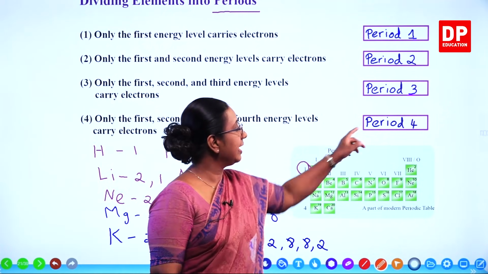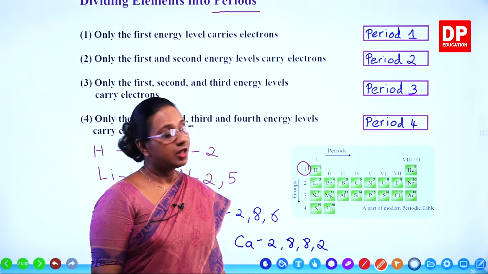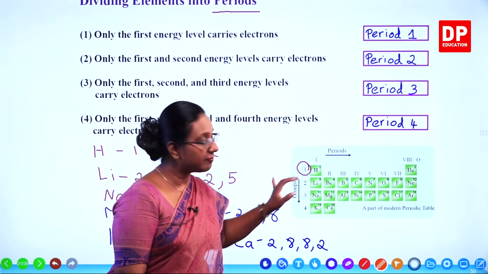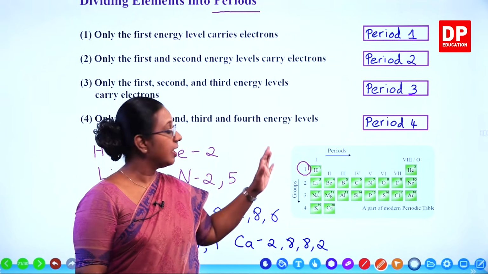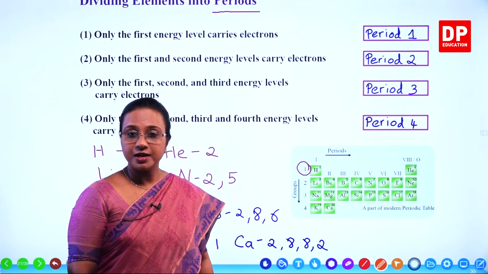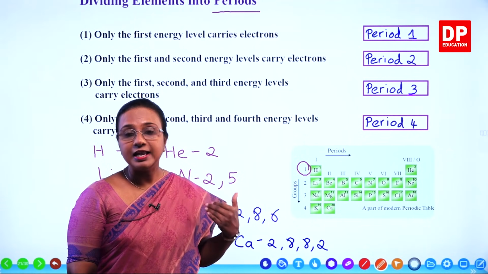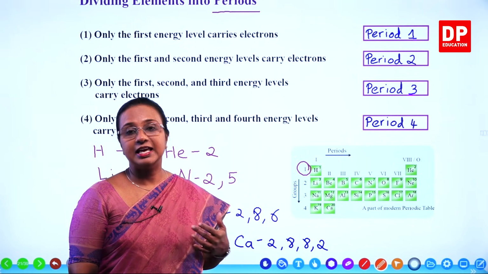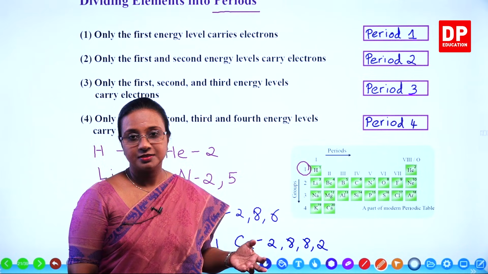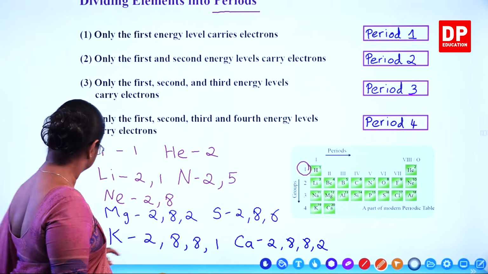And then the elements come to period 4. So now you have understood how the elements are arranged into different periods depending on the number of energy levels that contain electrons. We will see some more details.